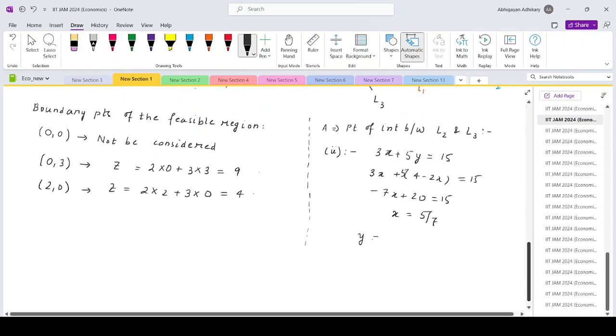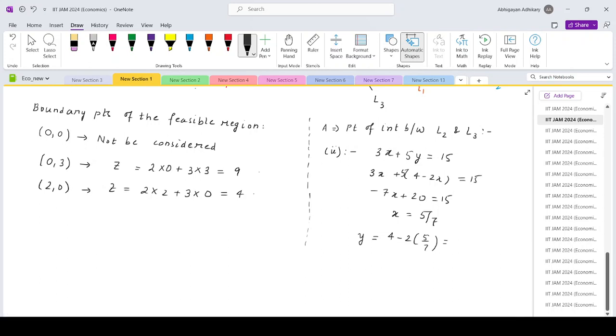And the value of y, if you replace it, is 4 minus 2 into 5 by 7. That is 28 minus 10, that means 18 by 7. So the final point is 5 by 7 comma 18 by 7.